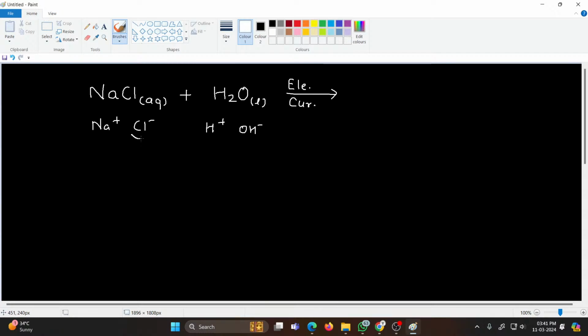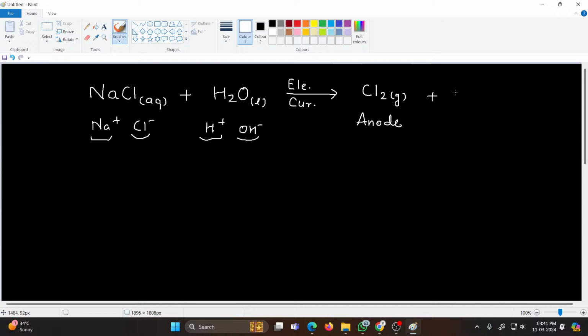So negatively charged ions are attracted towards the anode, and then the electron is taken away from the anion there, and chlorine gas is formed at anode. Similarly, Na+ and H+, they go to cathode.